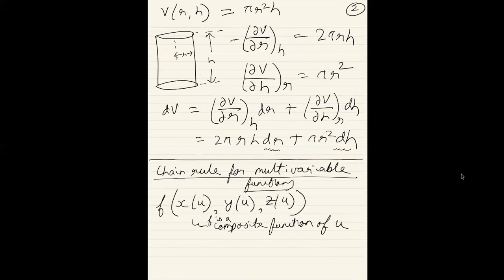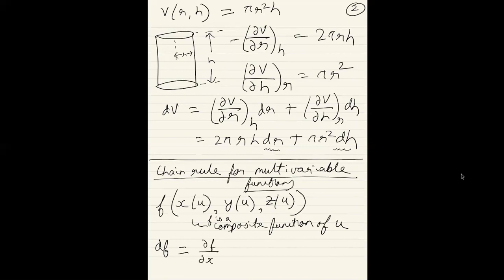So now we want to understand how does f change with respect to u? What is the dependence? For this, first let's write down the total derivative of f. For this part, we can ignore that there is any dependence on u. We can just treat it as if there are three variables x, y, z. So we know the formula for this.